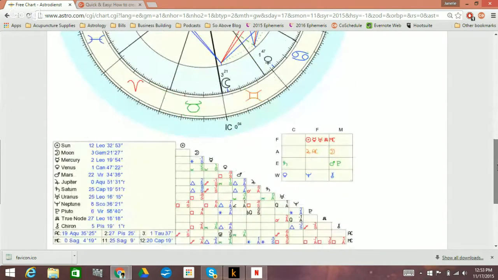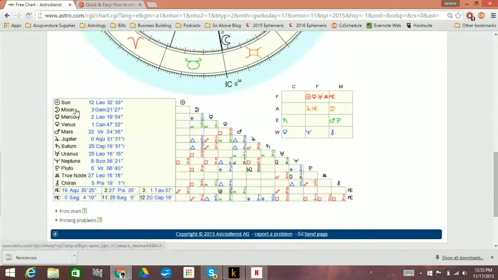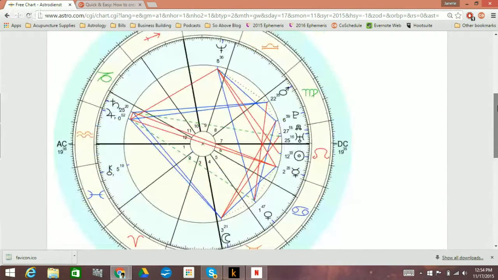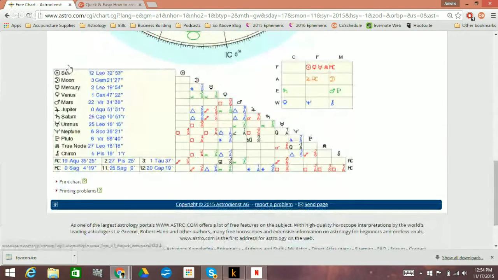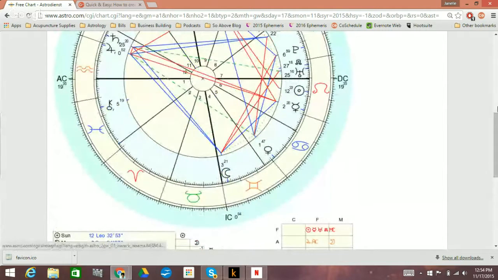All of this is reflected again down here in these different keys. So basically these show you what is going on exactly in this circular chart above. So we have the sun at 12 Leo, as you can see, reflected right here.